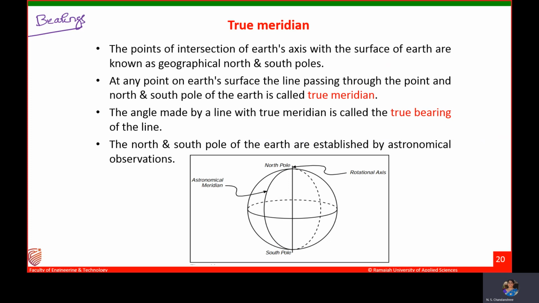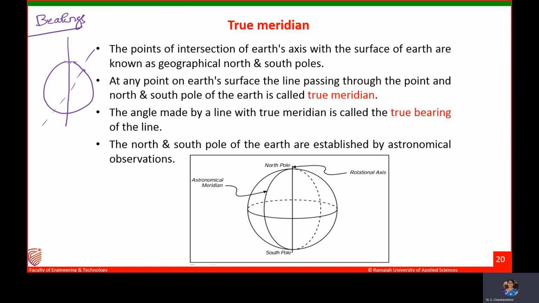Which meridian? It can be in any direction. It can be a true meridian, that means true north. It can be a magnetic meridian, that is magnetic north. We all know that earth is not straight, it is tilted like this. Magnetic north and true north have a difference.